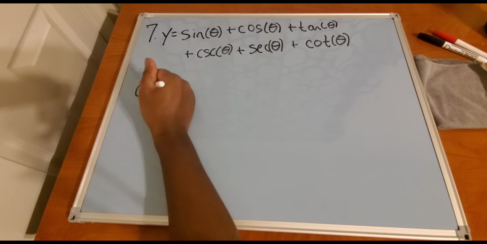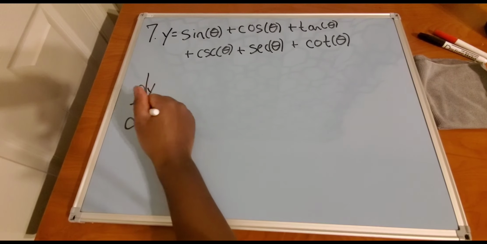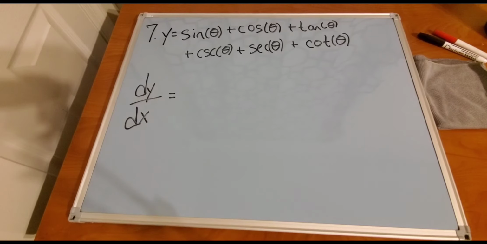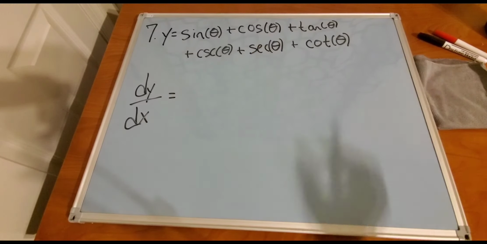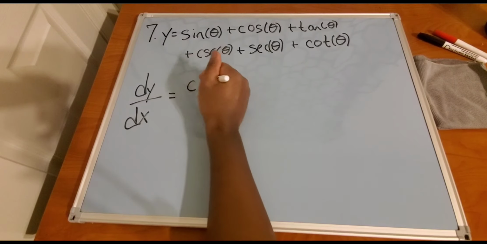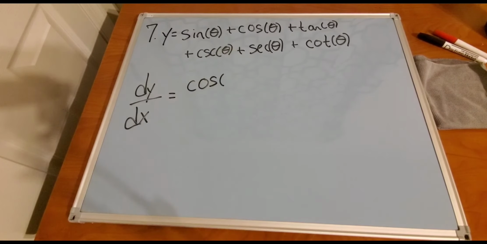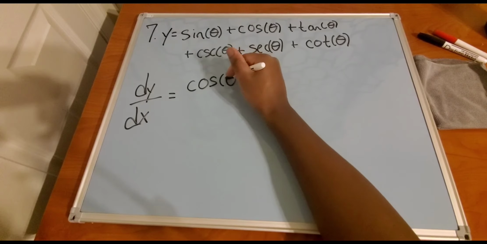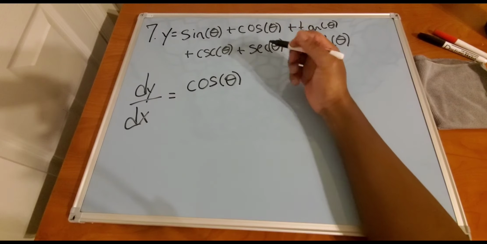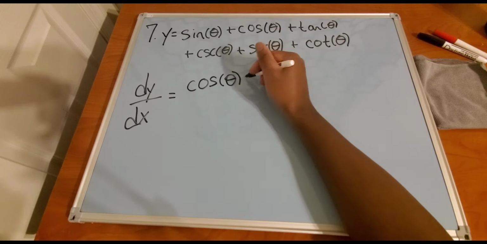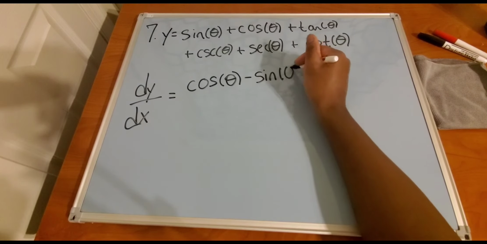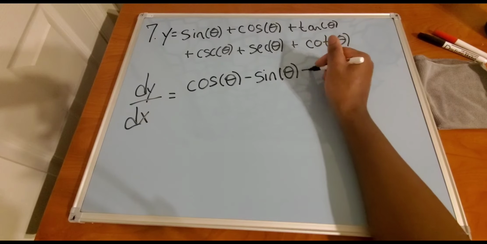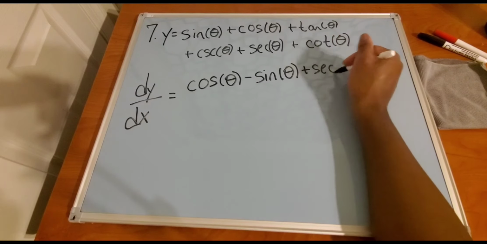So the derivative of y with respect to x, this will also be our final answer, the grand finale of the video, if you will. The derivative of sine of theta is cosine of theta. We're going to take this slow because I would prefer not to make one mistake at the very end of my video. The derivative of cosine of theta is negative sine theta. The derivative of tangent of theta is positive secant squared of theta.